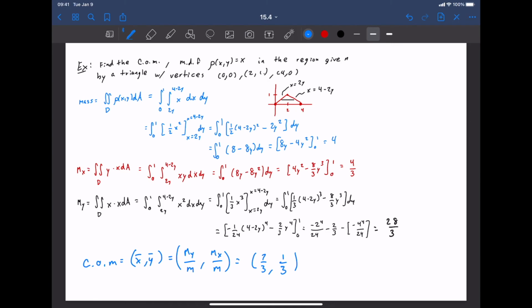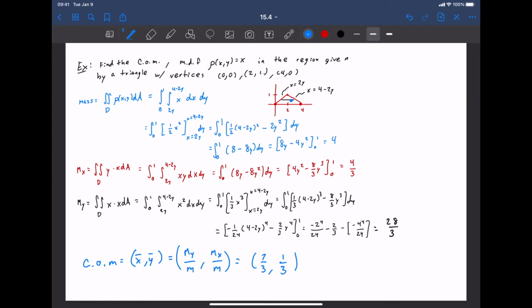Which corresponds to roughly where I put the horizontal line I did, but 7 thirds is a little bit shifted over in the x direction. Which is again what we would expect because our mass density function says this guy weighs more in the x direction.